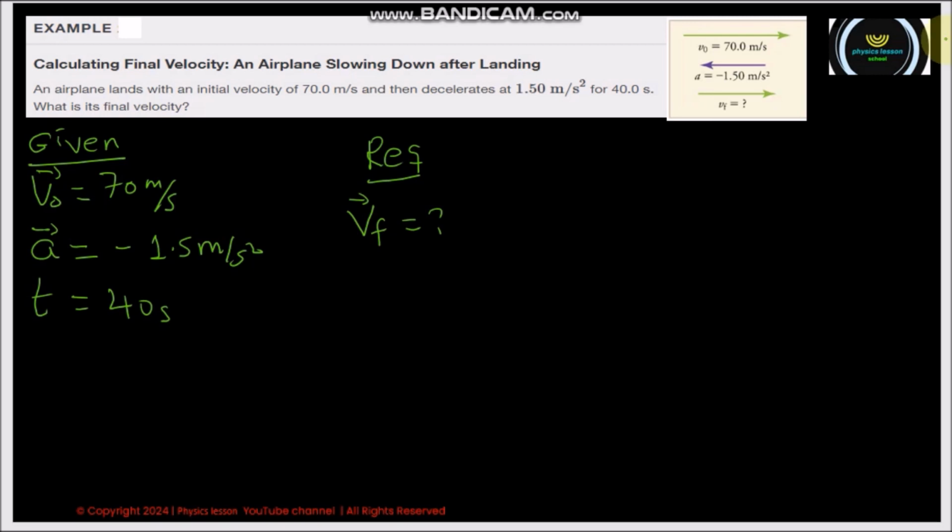Now the acceleration decelerates, that means the direction is to the back. Now the solution. The final velocity is given by the initial velocity plus the acceleration times time.